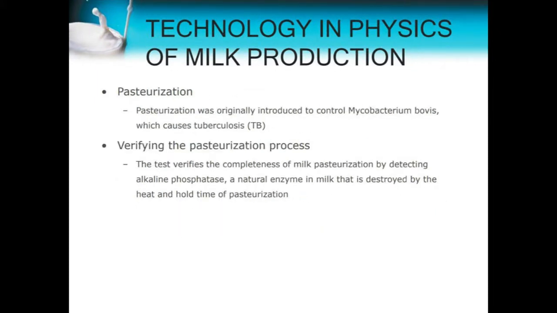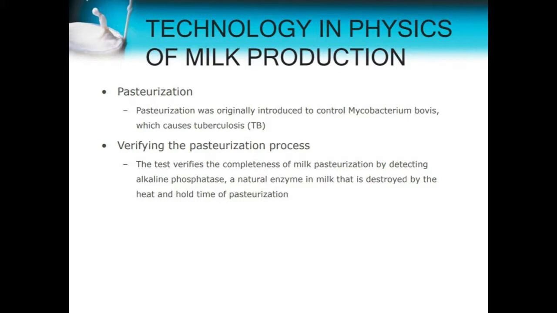Next, the milk will go through a pasteurization process. Pasteurization was originally introduced to control Mycobacterium bovis, which causes tuberculosis, also known as TB. This process has been well presented in the slides before.